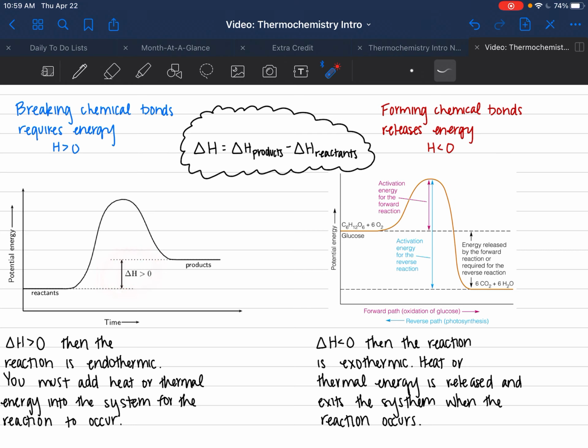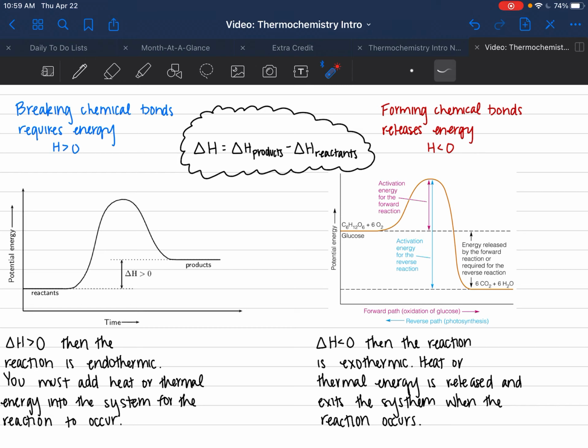This energy is something that we have to add into the system. So we call this endothermic. Think endo, enter. We have to enter in some sort of heat or thermal energy in order for this reaction to take place. So endothermic, delta H is greater than 0. We're adding in energy so that this reaction can happen.